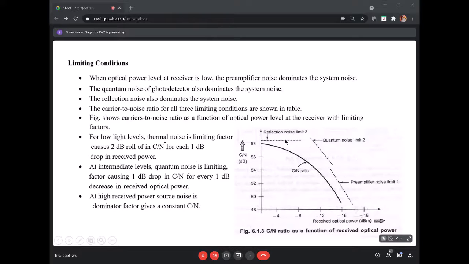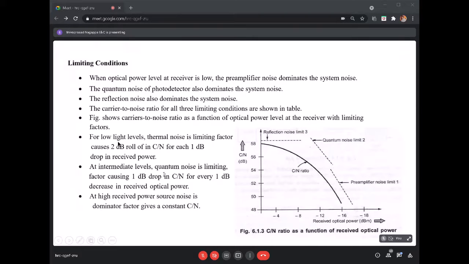Here you can see the reflection noise limit is 3 dB. Later the quantum noise limit effect is 2 dB. Then after some received power, the preamplifier noise limit is going to be less than 1 dB, or nearly equal to it.